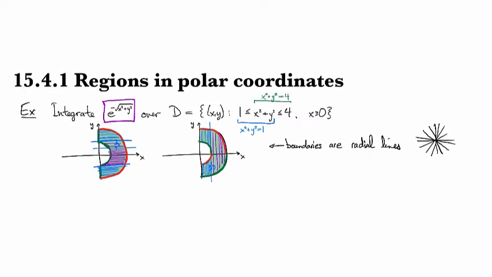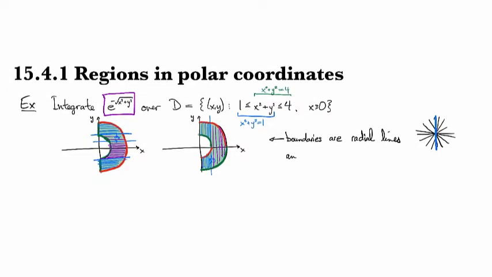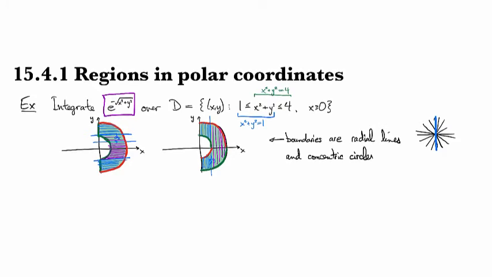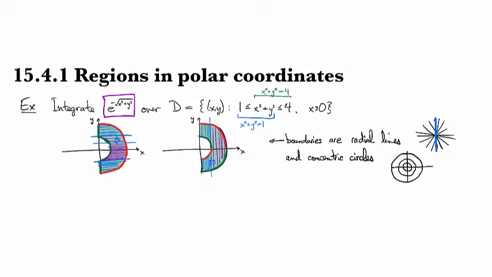In particular, the radial lines we're seeing are the ones that bound the figure that we're looking at. The boundaries are radial lines and concentric circles. And these concentric circles are examples of where the radius takes a constant value.